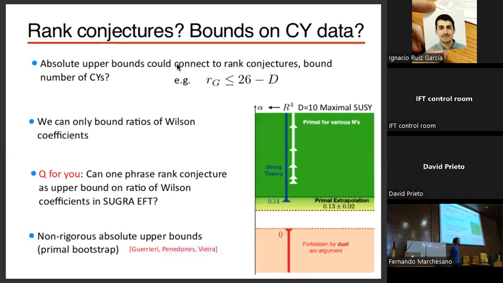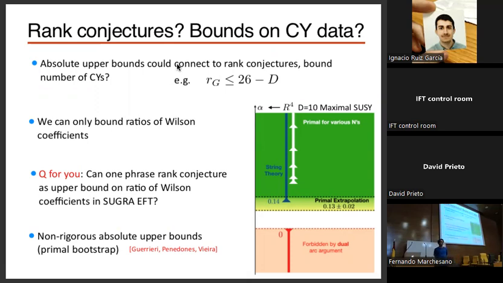What about other conjectures, such as the rank conjectures, etc.? An issue that we have is that we can only bound some ratios of Wilson coefficients, but fortunately, the number of states that you integrate out typically shows up as a coefficient of some Wilson coefficient. So again, a question for you is, can one phrase these rank conjectures as an upper bound on some ratio of Wilson coefficients? That's a challenge.